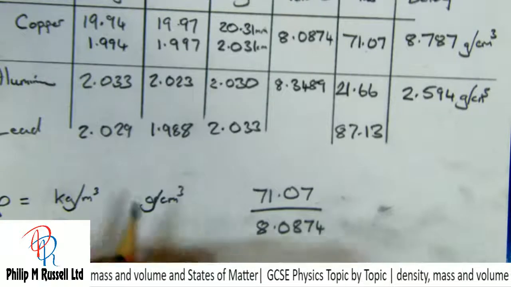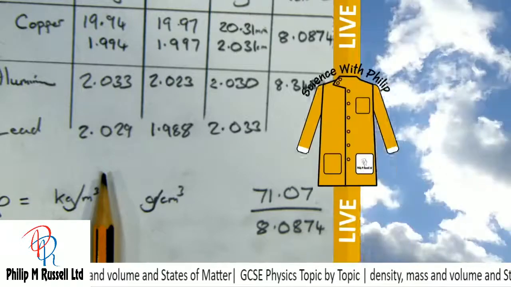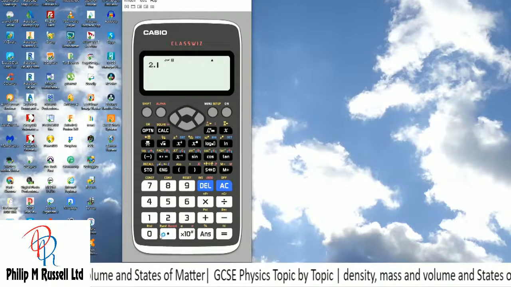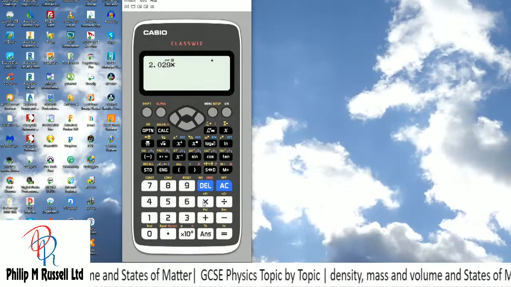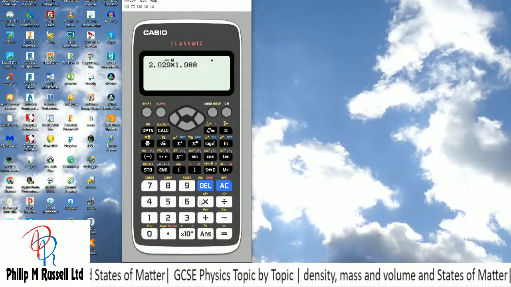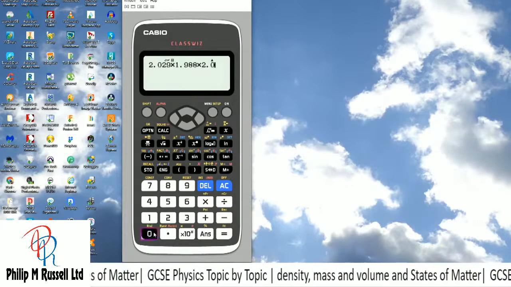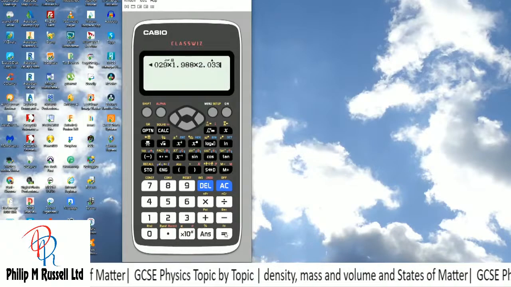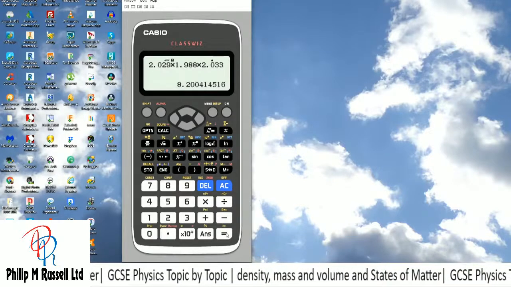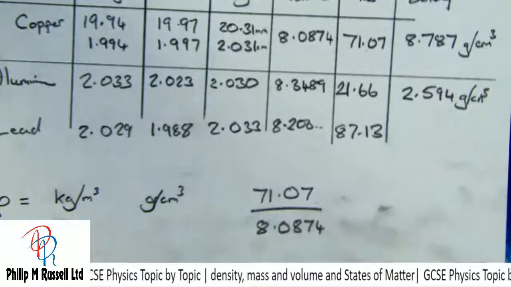And then finally let's do the lead, and we'll work out what lead was. So we'll multiply these up, and we've got 2.029 times 1.988 times 2.033, and that gives me 8.200, etc. Let's do the calculation.